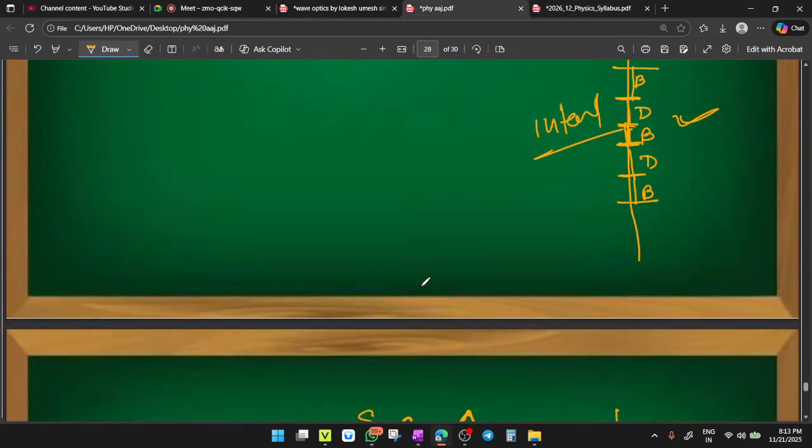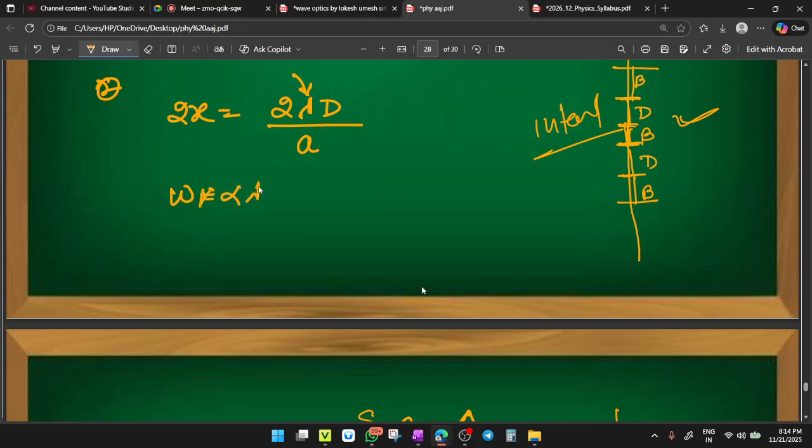Actually, we got the angular width and linear width. We just find the linear width: 2x equals 2 lambda capital D upon the slit width. It may be small a or small d. So you see the width of the slit. You can say width W is proportional to lambda. As red color wavelength is higher than violet color wavelength, clear or not clear?